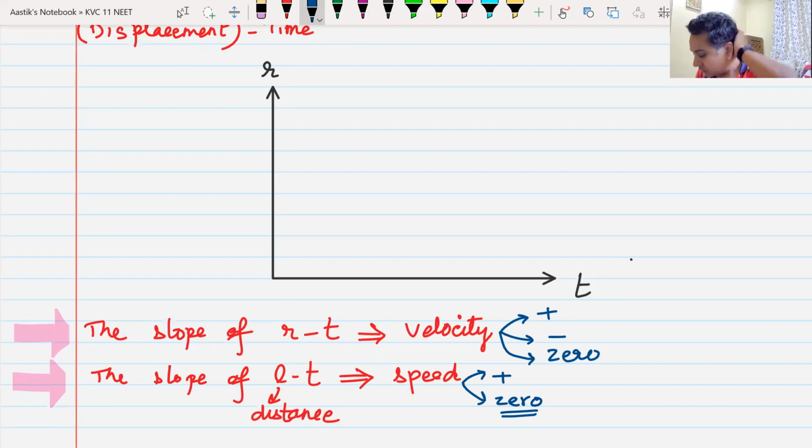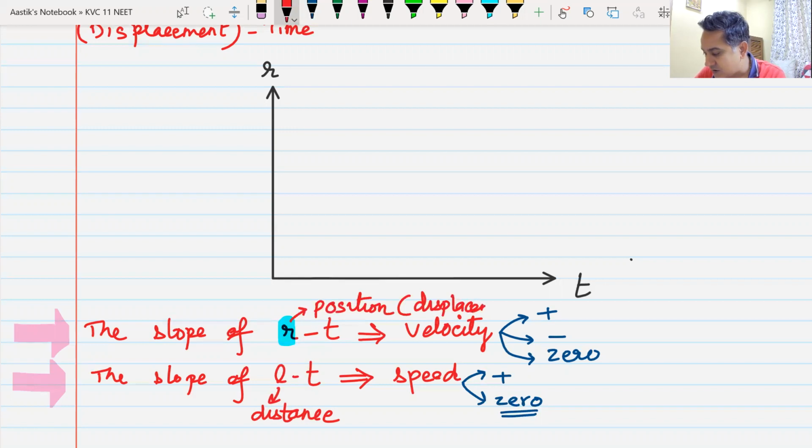Note them down. Slope of position time graph. If you don't understand the meaning of symbols, please write their full meaning. R standing for position or displacement. Write everything. You don't have to write it in English. You can write it in any language that you understand. The slope of position time graph gives us velocity.